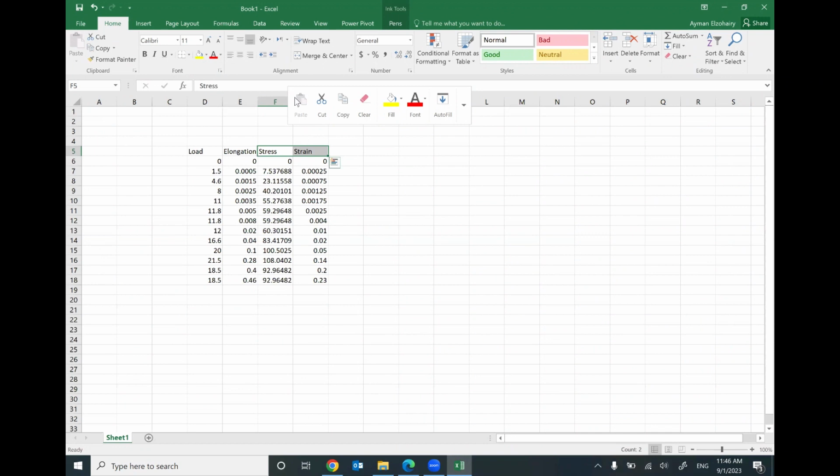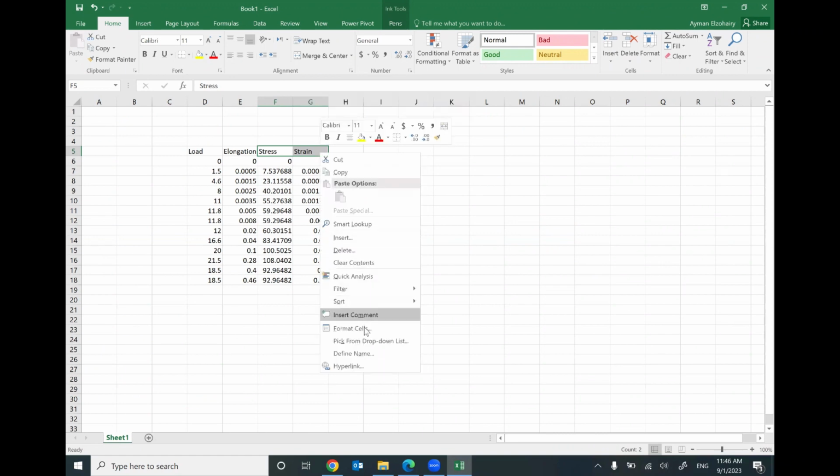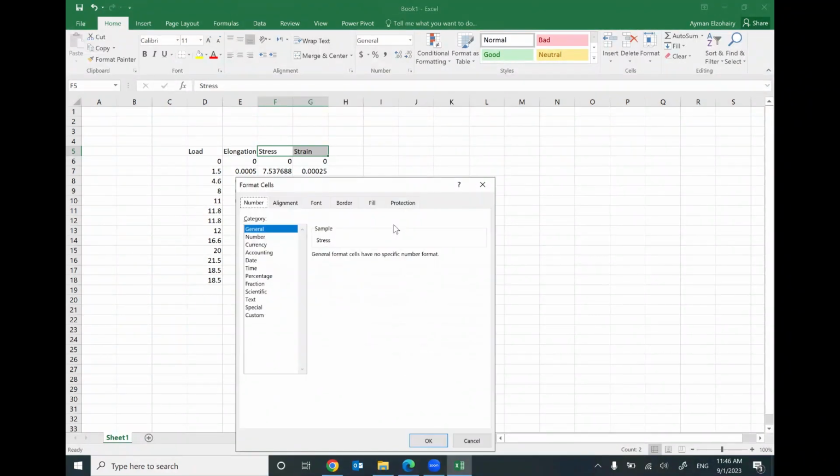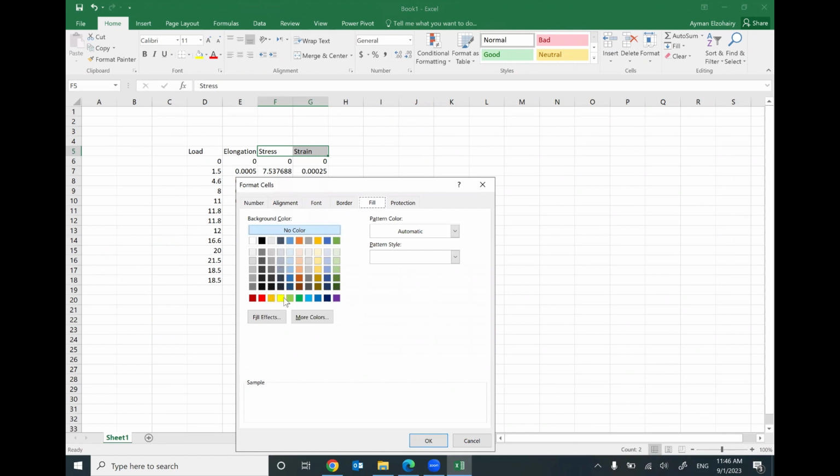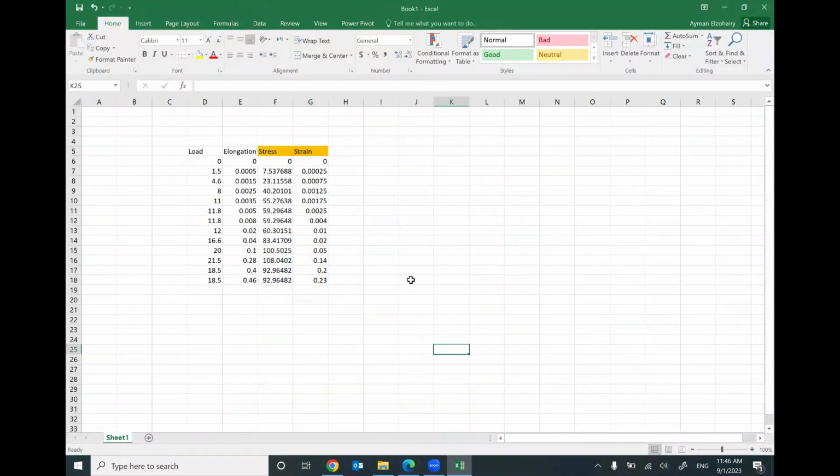Right click and format cell. Fill, you can highlight these two with this color. There you go. Okay, so I would like to plot the relationship between stress and strain.